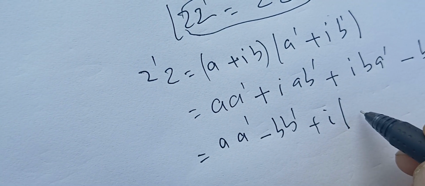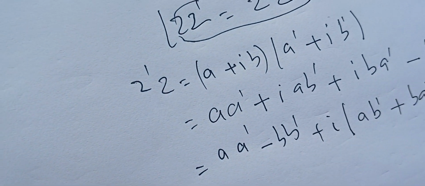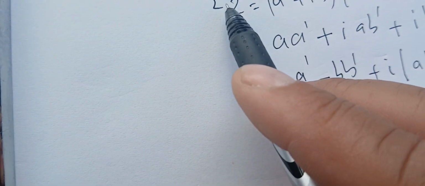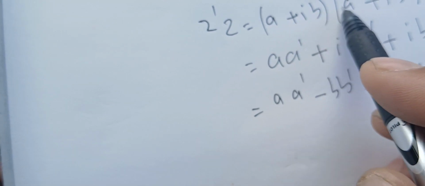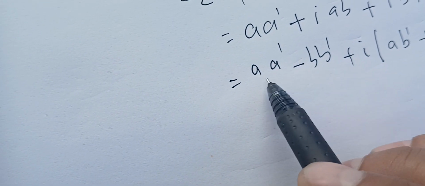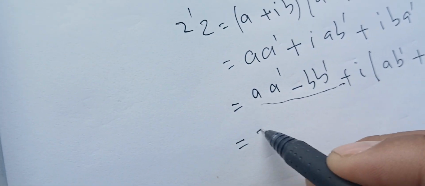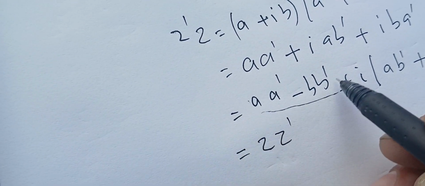When we do the other operation, z times z prime, we just switch this one and we will get the same result. Nothing is going to change.